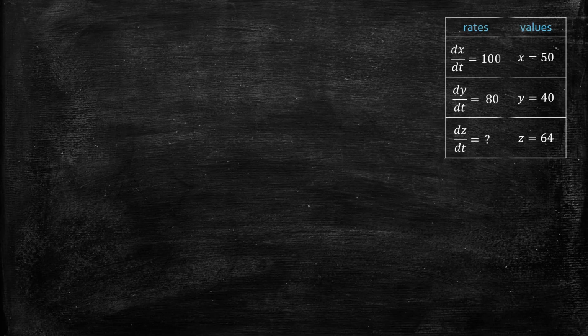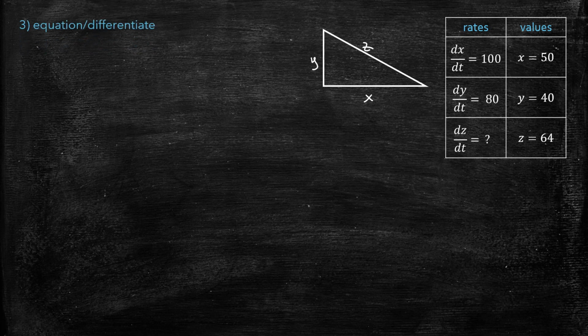So let's call up the table, and let's call up the image again, and remember this is x, y, and z. So the equation clearly is going to be the Pythagorean theorem, which is that x squared plus y squared equals z squared. And now that we have the equation, we'll take the derivative of both sides with respect to time.